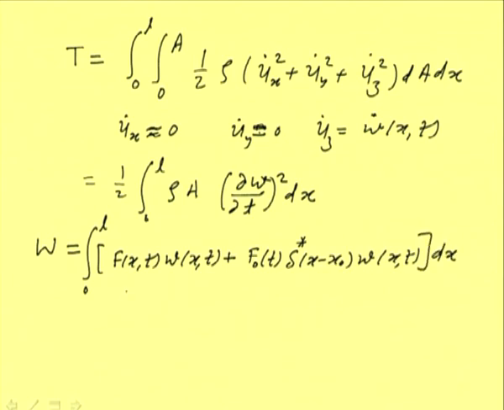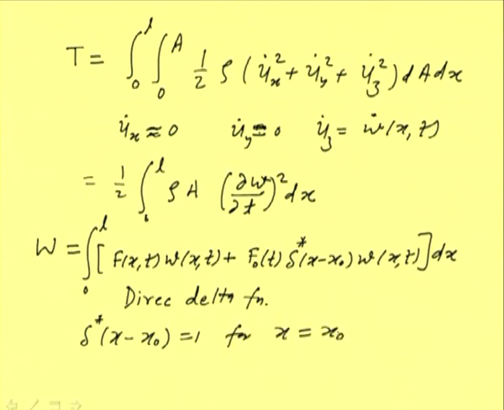Regarding the Dirac delta function, it has certain properties. Let us see these properties. It is equal to 0, delta of x minus x naught is 1 when x is equal to x naught, and it is 0 otherwise.